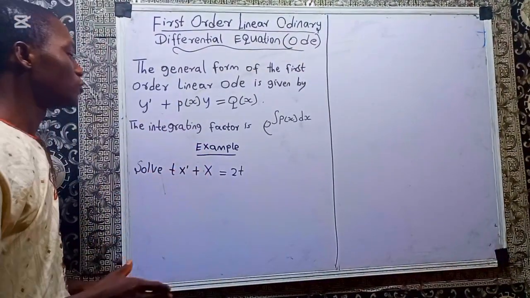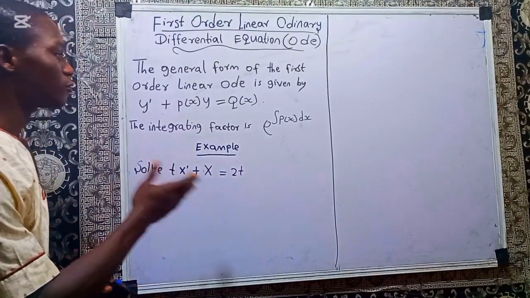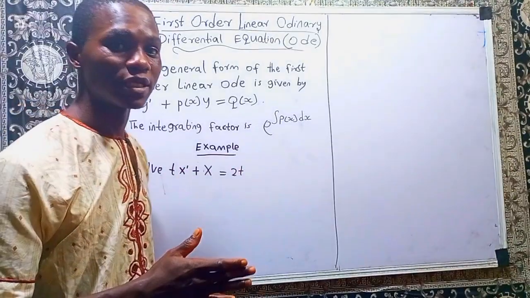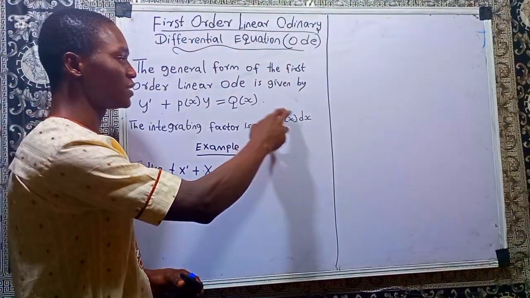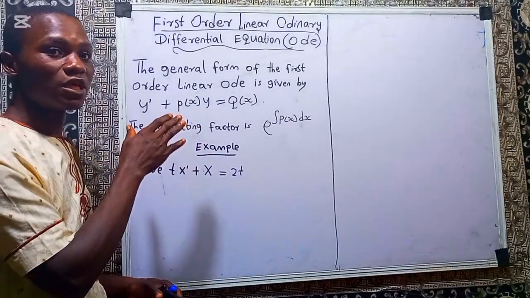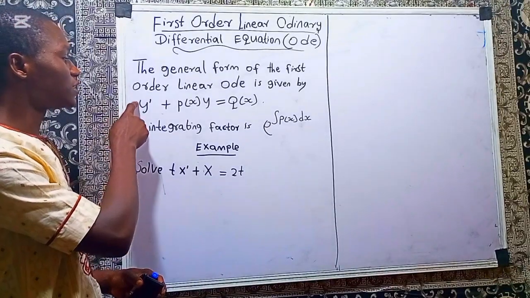So let's consider an example under this. But before we look at that, we say that the integrating factor you are going to use to solve problems under first order linear ODEs is exponential integral of p of x dx. So before solving it, for the first derivative of the dependent variable, make sure that the coefficient is 1.